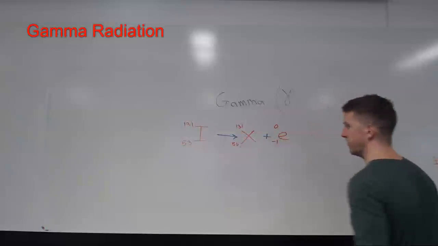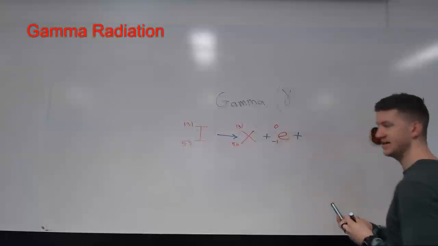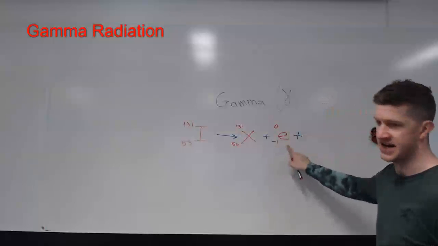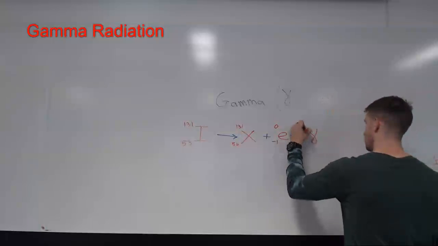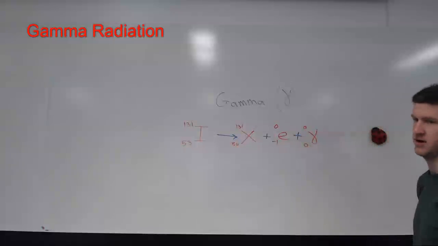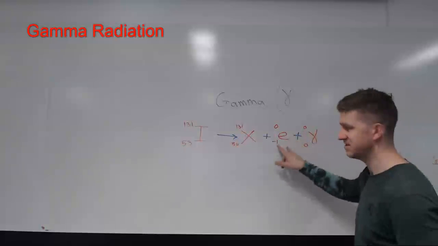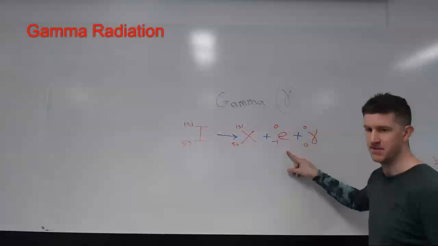So far this is just a beta radiation, except in this case, when iodine decays into xenon and produces this beta radiation electron, it also produces our gamma 0, 0. So this is our gamma radiation that's produced as a byproduct, or at the same time as the iodine's beta minus decay.